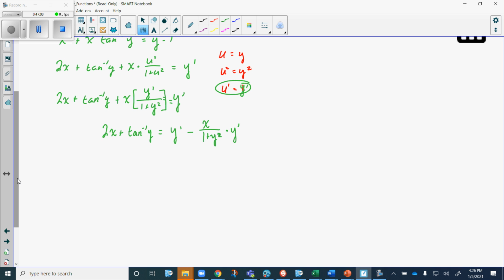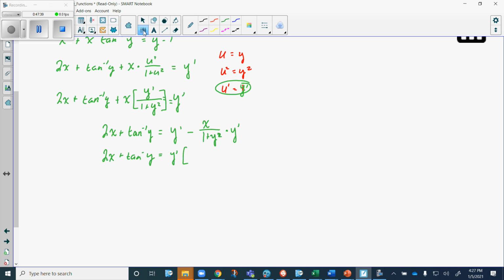So when I factor it, now I have 2x plus tan inverse y to be equal to y prime times negative x over 1 plus y squared, which we will then move through, nope, golly, all right.